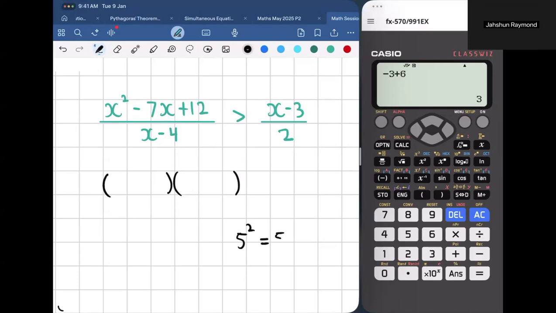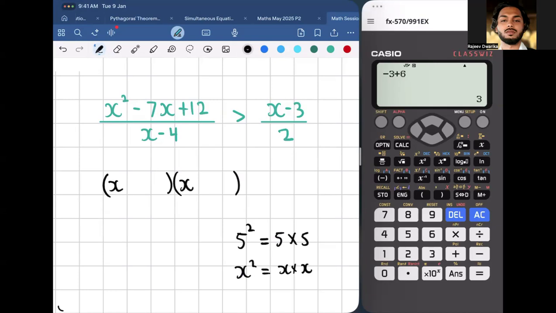Right, because that would be 5 by 5. But what do you think x squared would be? X multiplied by x, sir. Cool. So we're going to put x in the first bracket and x in the second bracket. That would give us x squared.